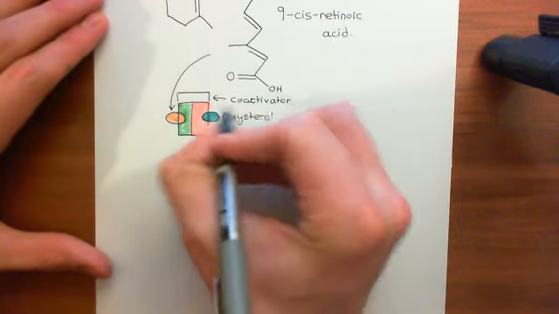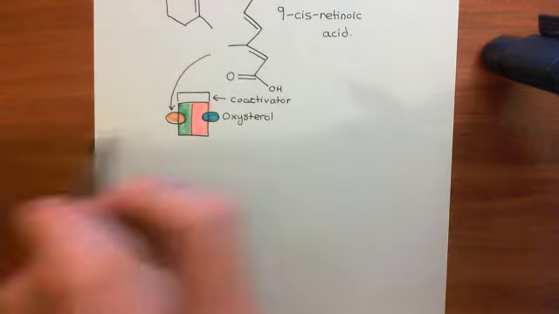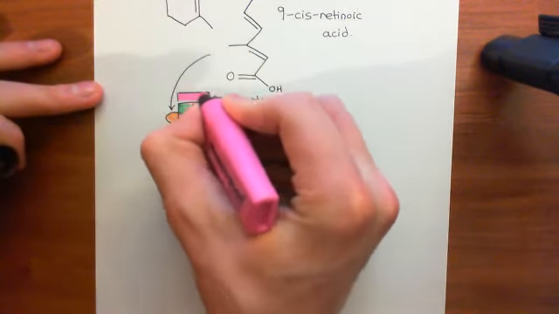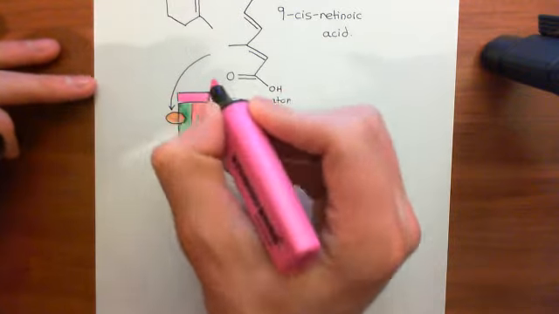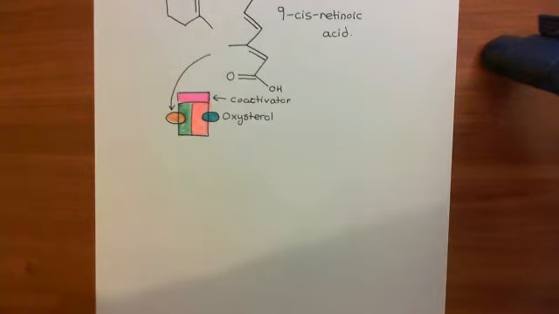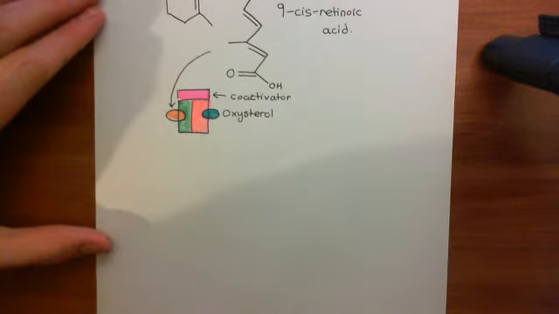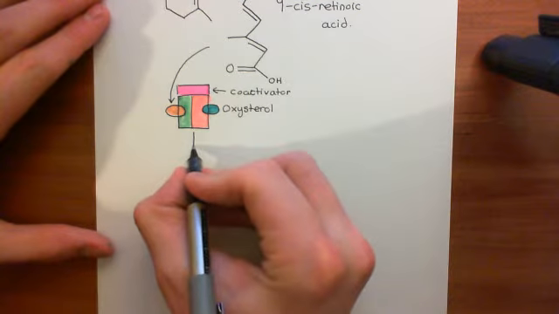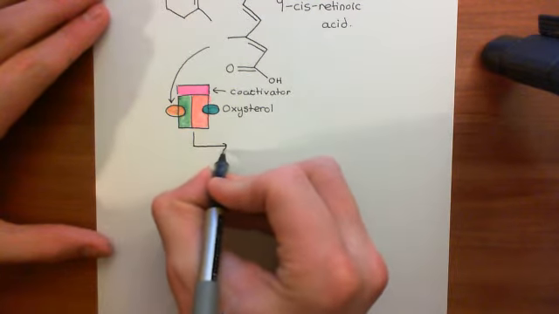This complex will bind to the same promoter regions now, but instead of repressing their expression by decreasing the affinity of RNA polymerase for binding to that promoter region, now they will enhance the expression. They will increase the affinity of RNA polymerase for binding there.